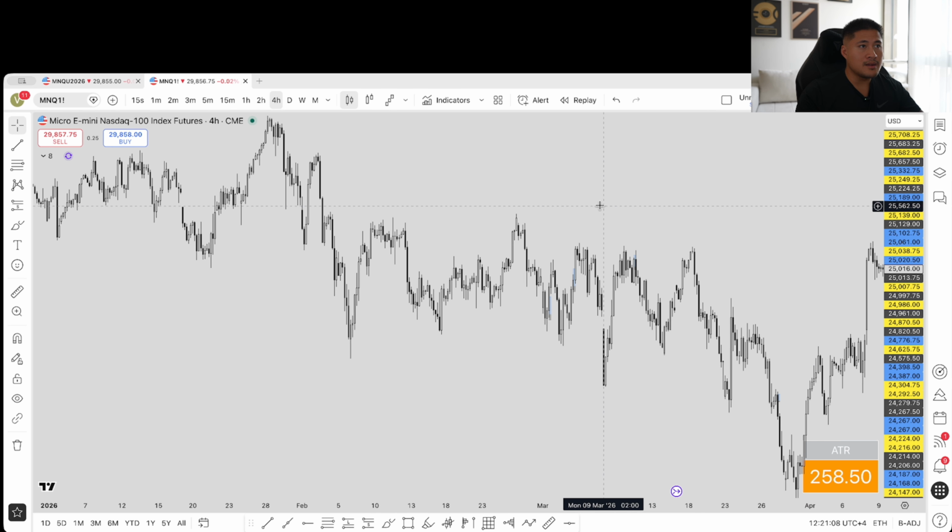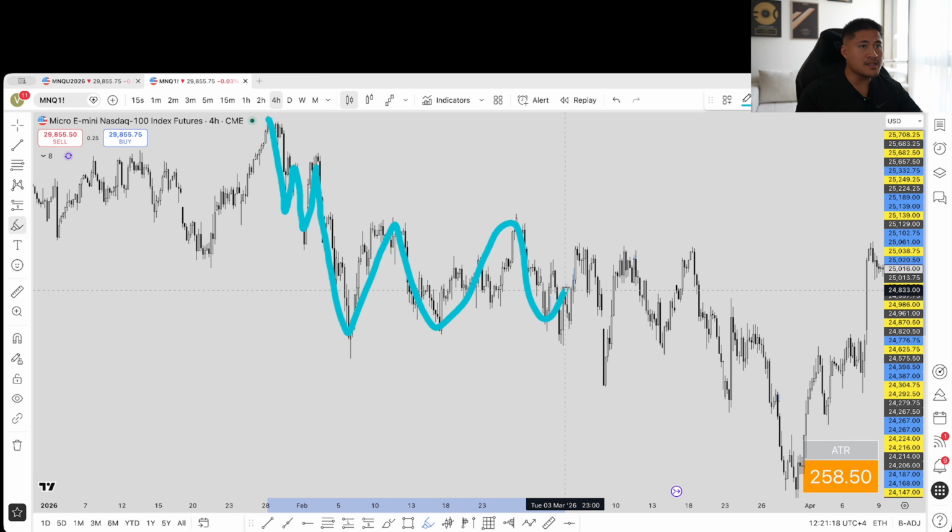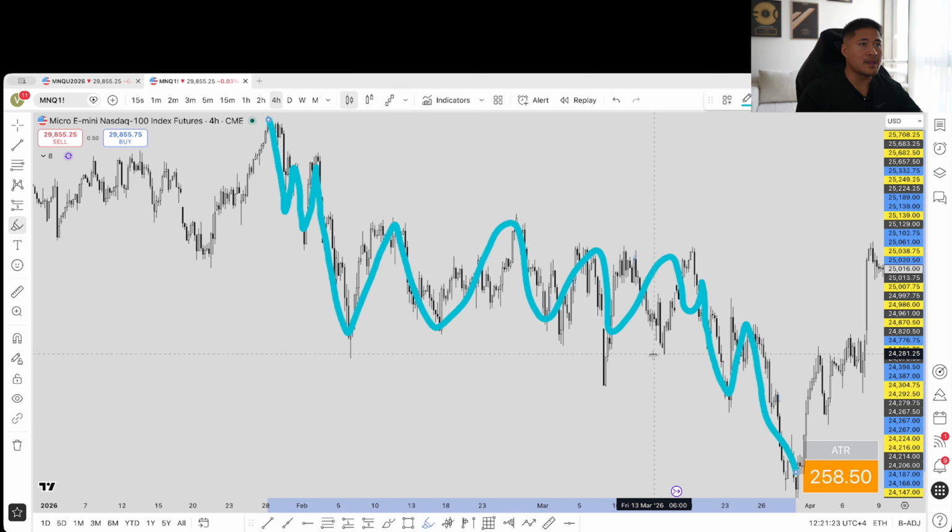So for example, this is the 4-hour time frame, and we have a bearish market structure right here. We start up here, we go down like this, and it consolidates a little bit. Now it's going clearly down again.